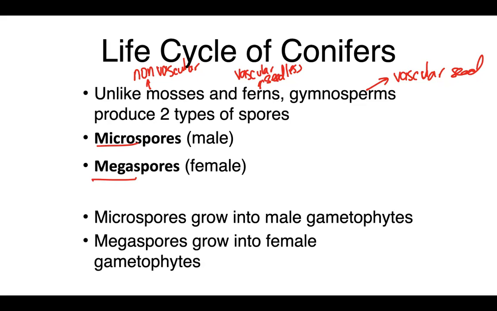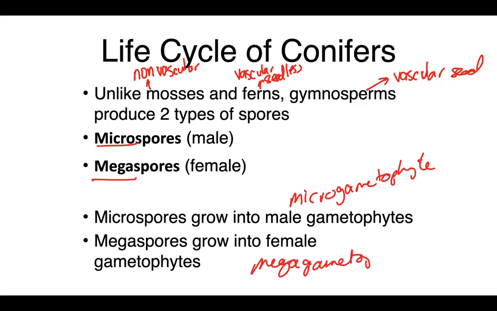Of course, because it's a male gametophyte, it's going to be called a microgametophyte, and female gametophytes are going to be called megagametophytes. So in plant life, micro represents male, mega represents female.